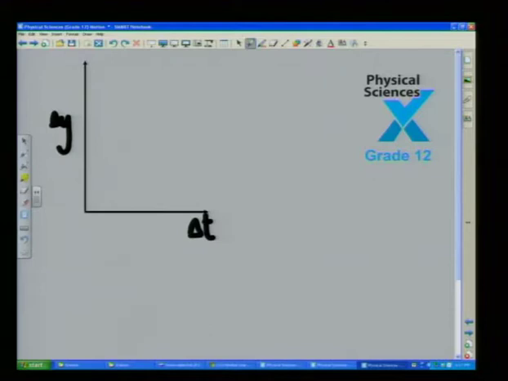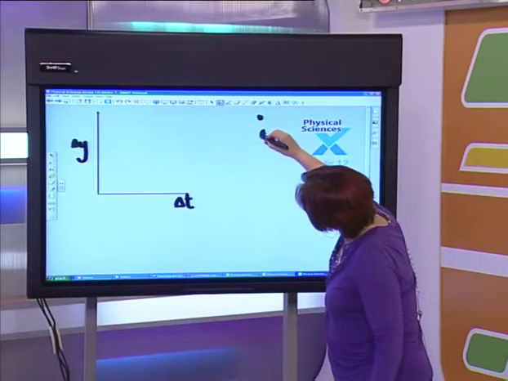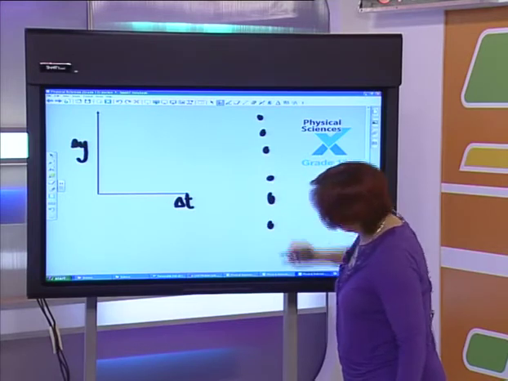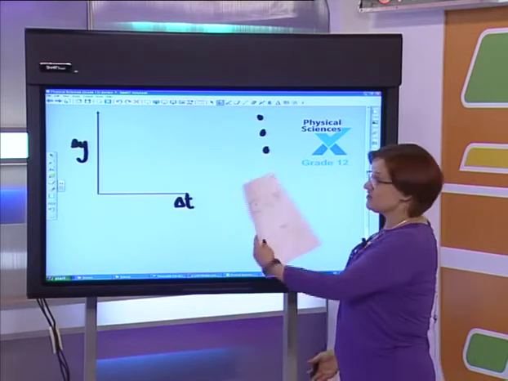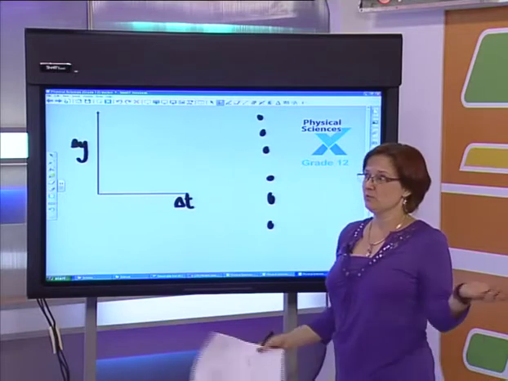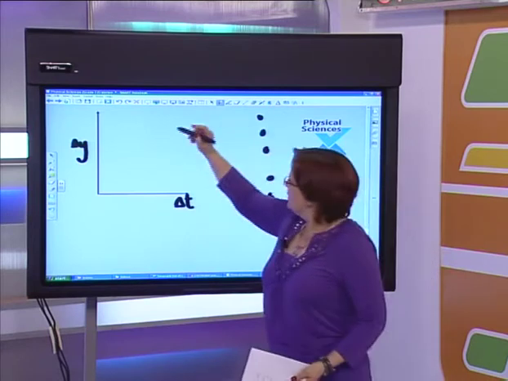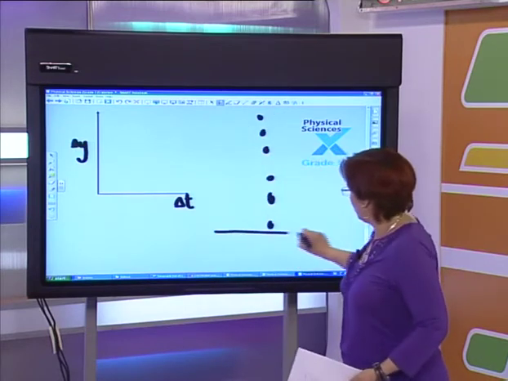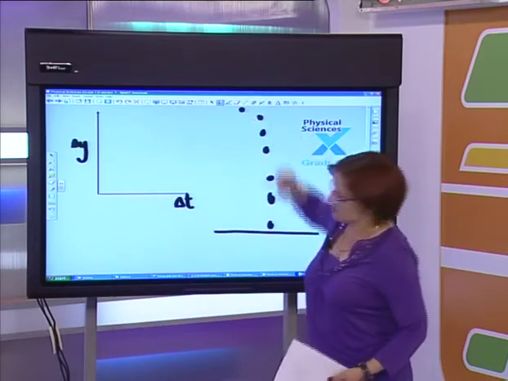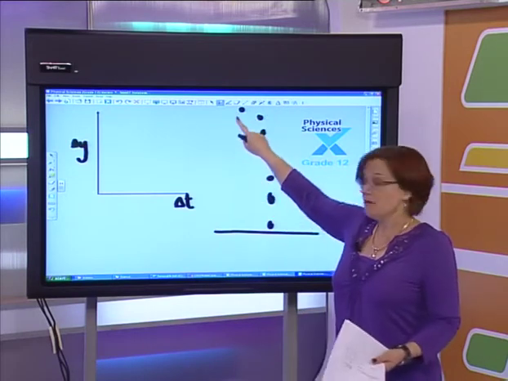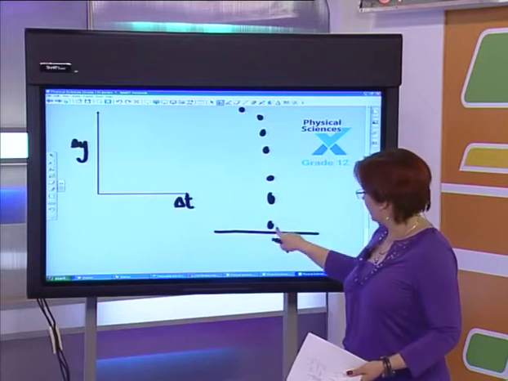Now what we said is we've got an object that's falling to the ground. As it falls down, it gets further and further apart. Which way do we want to make positive? Down, because that's the way it went. If this is my starting position, that would be like displacement 0 at the top. It's going down and getting further away.